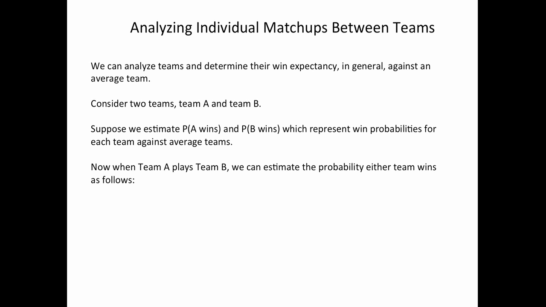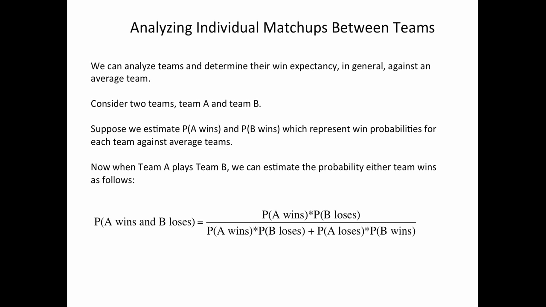Now we'll look at what happens when Team A plays Team B. If we have the probabilities that a particular team wins against average, we can estimate the probability that either team wins against a specific team, against each other, as follows. The probability A wins and B loses, as an example: we multiply the probability that A wins against an average team by the probability that B loses against an average team, and divide that by the total.